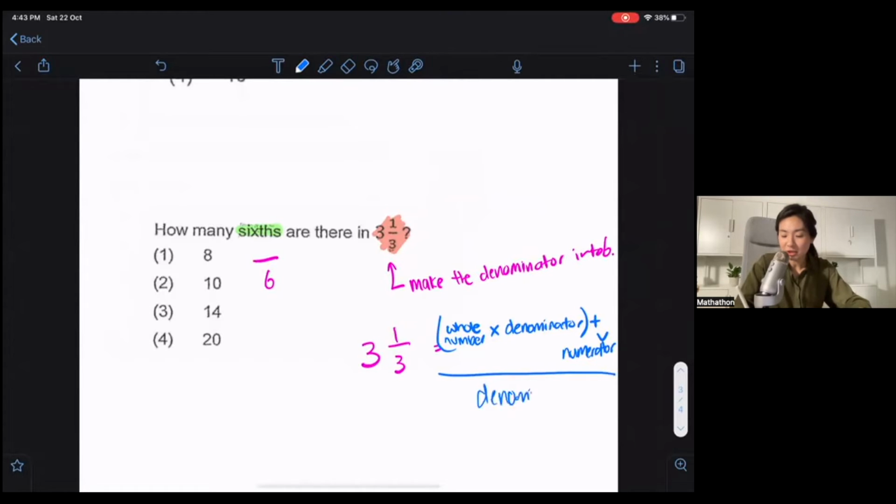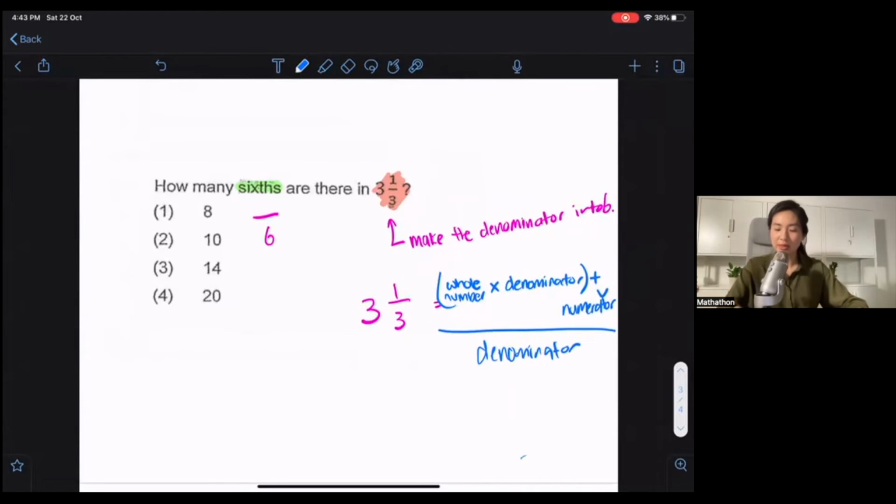So the denominator doesn't change. What you need to remember is just how to find the equivalent numerator.